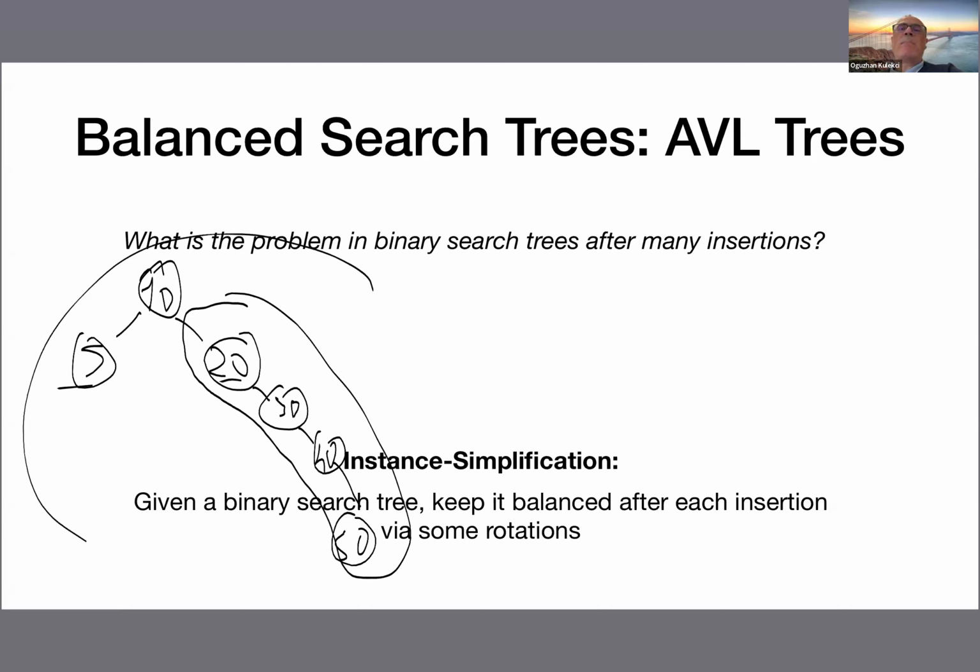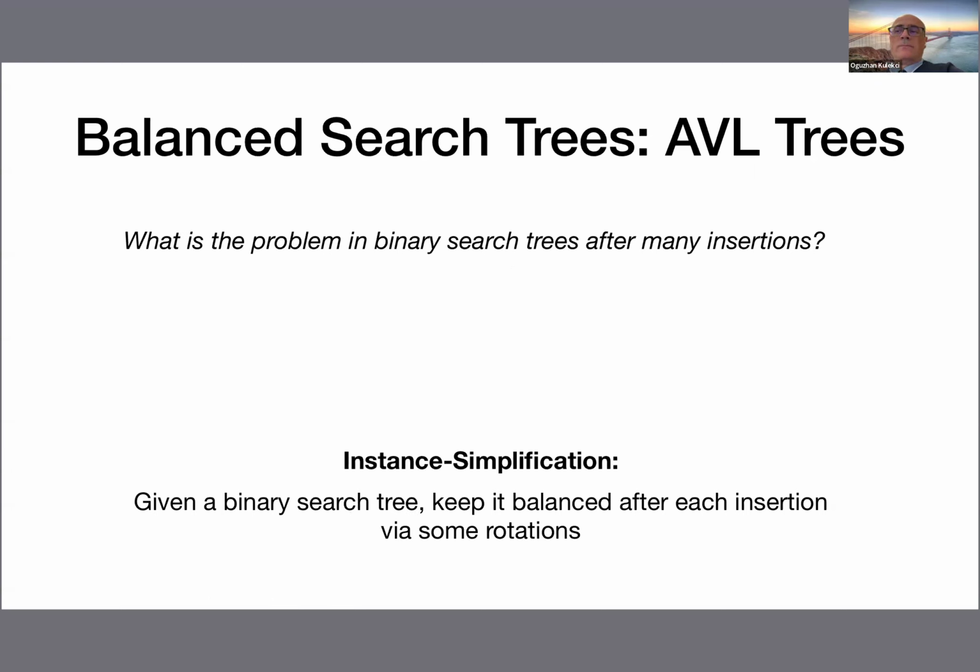Why? Because this tree is no longer a balanced one. By balanced, we mean all the leaves are at the same level or similar. We will see soon. Due to that problem, there have been many efforts in computer science to keep those binary search trees balanced.